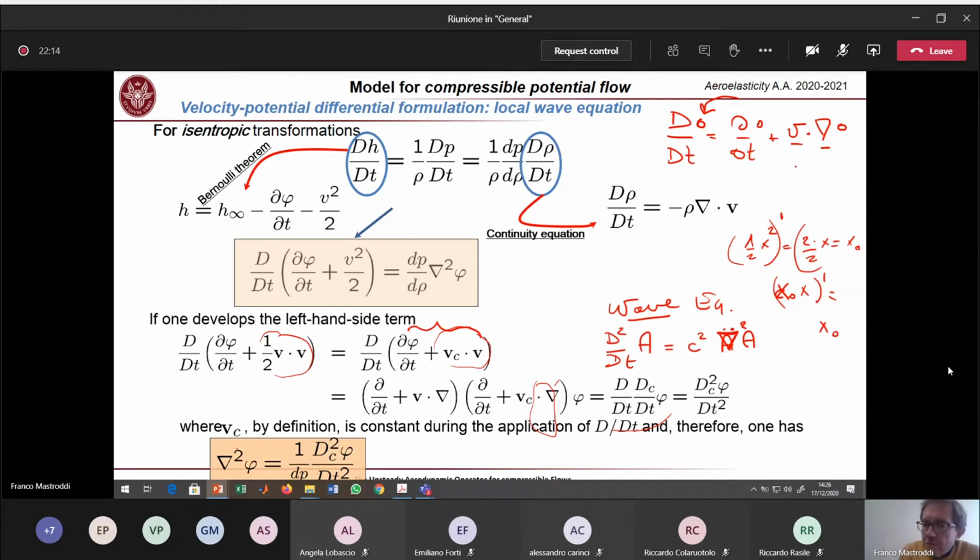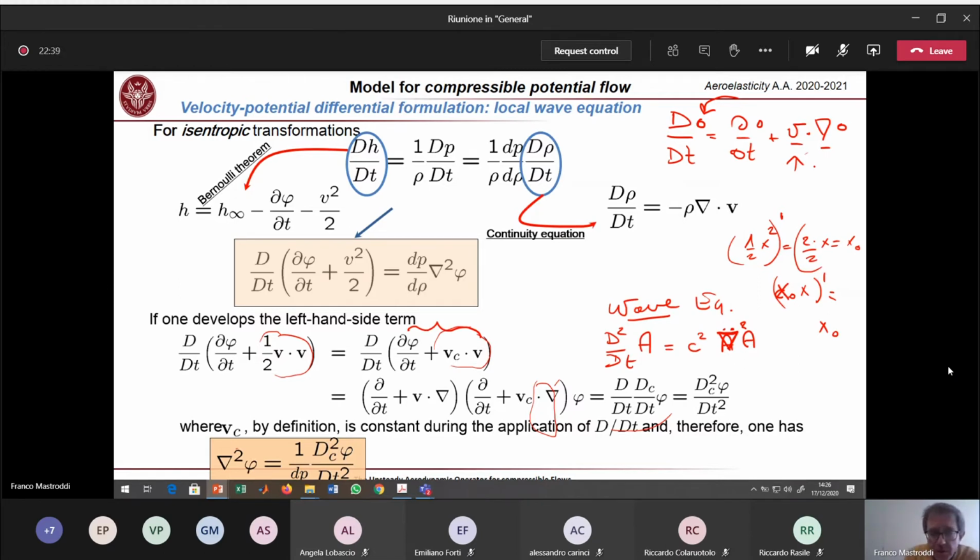But if you use another velocity here, you are doing the same quantity, but not following the particle, but keeping the value of the particle at the initial time. So you are moving with the frame of reference with a constant velocity, which is the velocity of the particle at such a time.